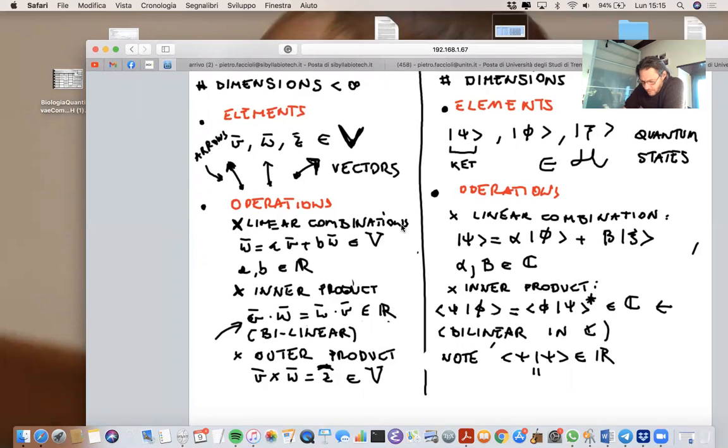I reverse the order, putting this psi on the other side and this psi on this side, and I get psi complex conjugate. The only numbers which are equal to their own complex conjugates are reals. So yes, inner products are in general complex numbers, but when you take the inner product of a vector by itself, it is in fact a real number.